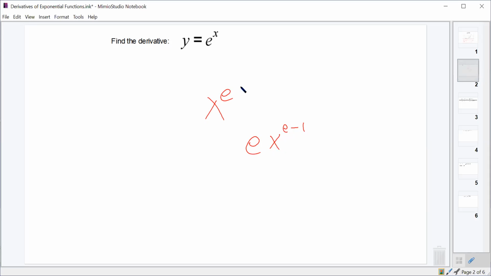Because e is just a number. But I don't have that. Unfortunately, the power rule doesn't work here. The power rule only works when it's the variable to some number up there. Power rule is only good for variable to a number. This is number to a variable.